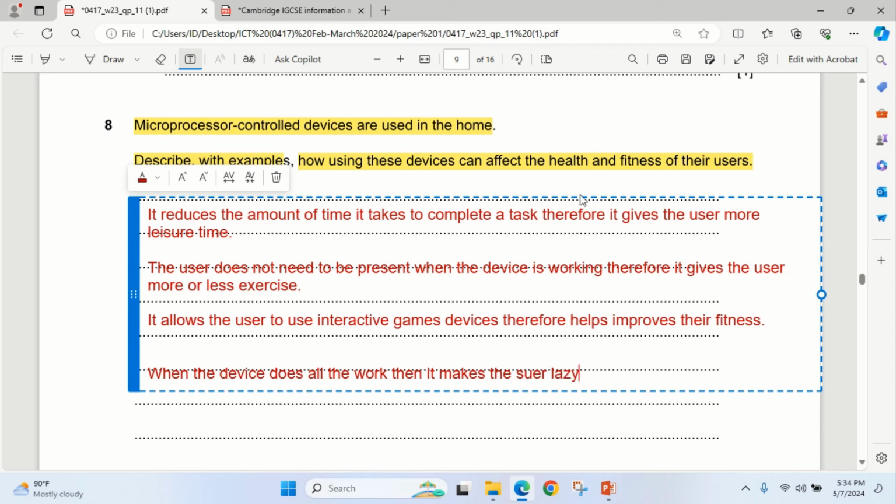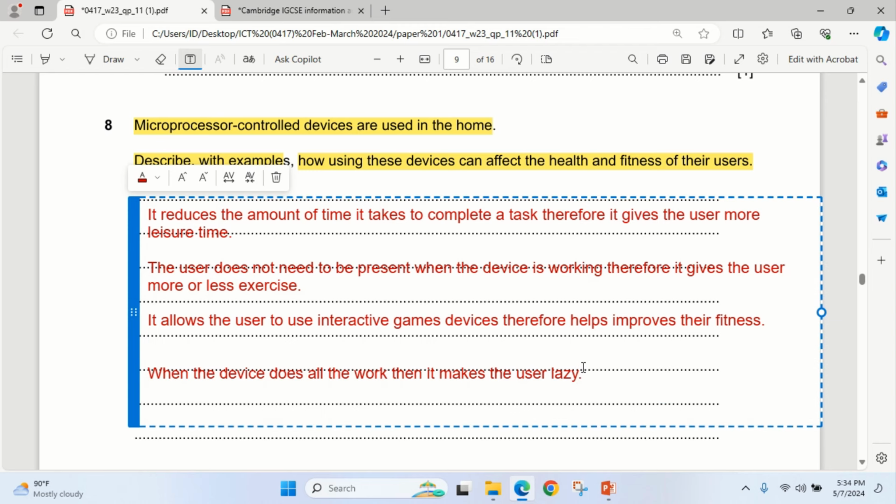You understand what I said the other time? You say cause and effect kind of question. So when you say the cause, the effect of it, so when the device does all the work, then it makes the user lazy. So you can say this again and again. Another thing is that, let me add that to this.